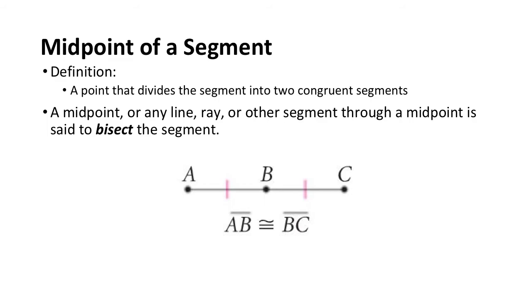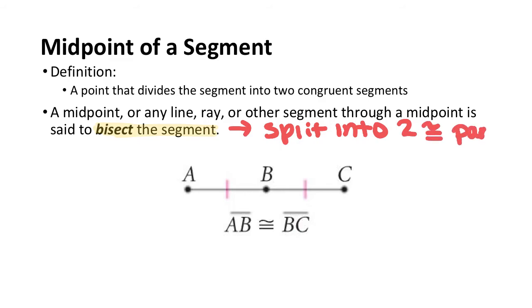Now the midpoint of a segment is the point that divides the segment into two congruent segments. A midpoint, a line, ray, or any other segment through a midpoint is said to bisect the segment, and that's a very important word. The idea of bisecting a segment means that we are splitting it into two congruent parts.